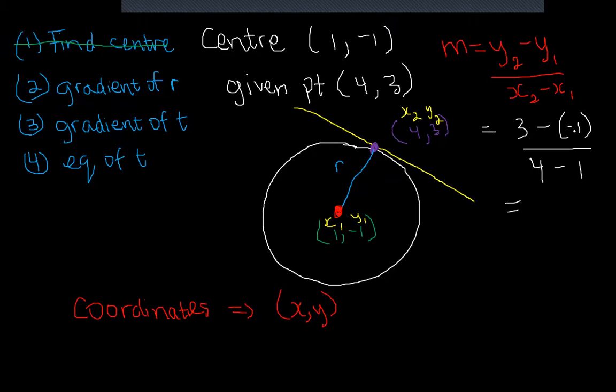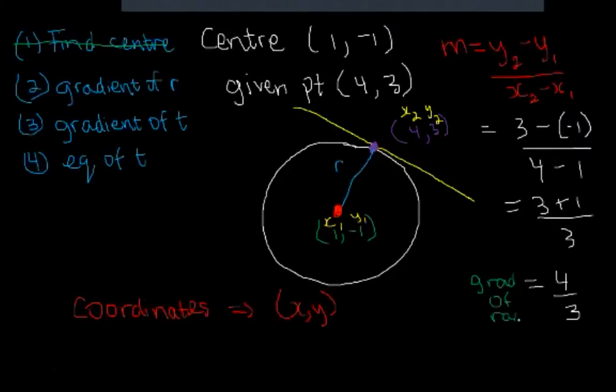We know that a minus and a minus gives us a plus. So this becomes 3 plus 1 over 4 minus 1, which is 3. 3 plus 1 is 4, and then you put it over 3. So that means that the gradient of the radius would be equal to 4 over 3. That step finished. 4 over 3.